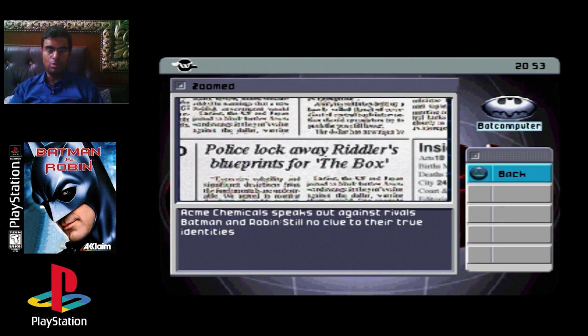Basically, the box is an invention of Edward Nigma that he uses to read people's minds. And this is the news about this box, that police lock away Riddler's blueprints for the box. So this is the third reference or Easter egg about the Batman Forever movie.